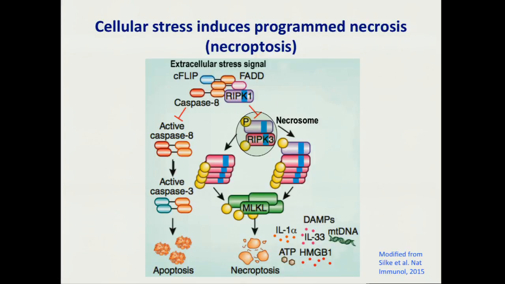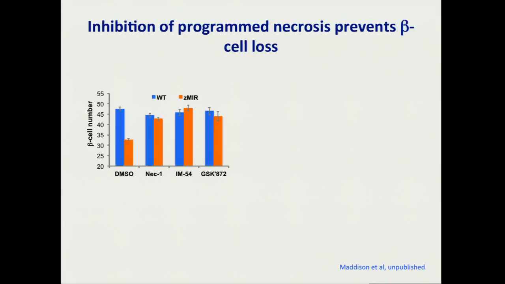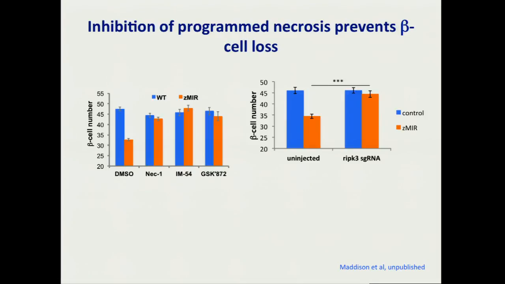So to test if this is the process, we tried 3 inhibitors that inhibit necroptosis. All 3 compounds can protect beta cells in the ZMR fish, suggesting that at least this pathway may be involved. In addition, we also tested this genetically by knocking out the critical component of this pathway, Ripk3, using CRISPR.